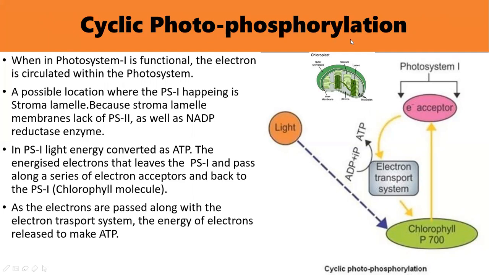In cyclic photophosphorylation, only photosystem 1 is functional. During this process, the electron is circulated within the same photosystem, meaning within photosystem 1.